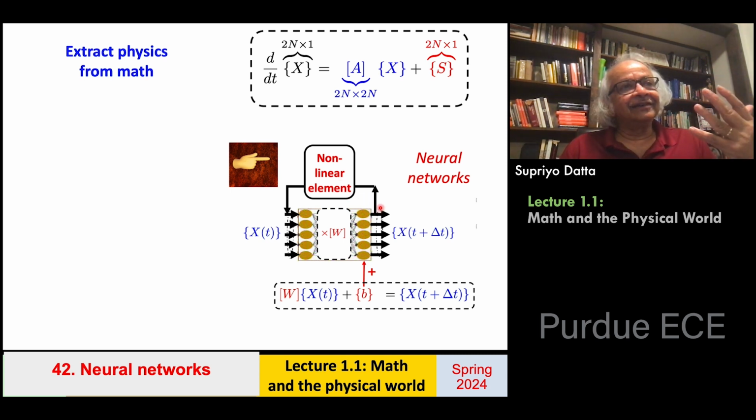As long as it's linear, it's relatively easy to understand how any system will behave in terms of these normal modes. But once you have nonlinear elements, the possibilities are much richer.